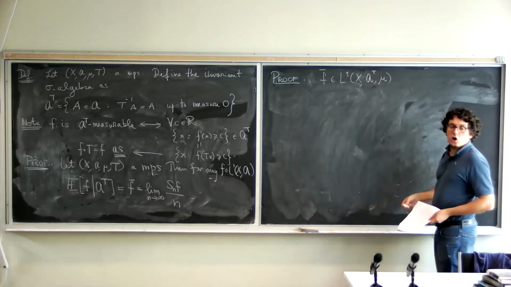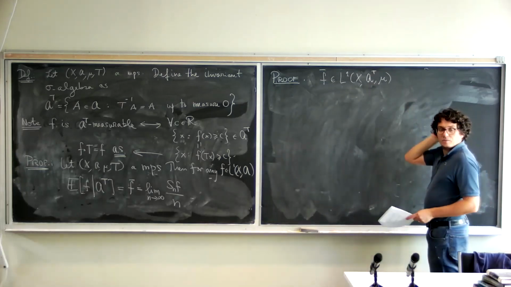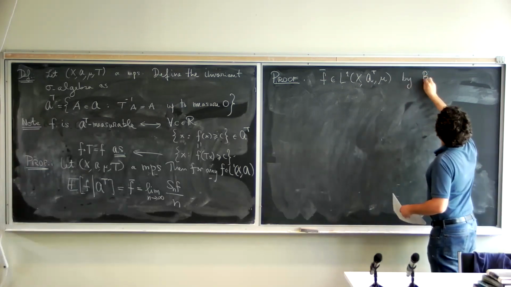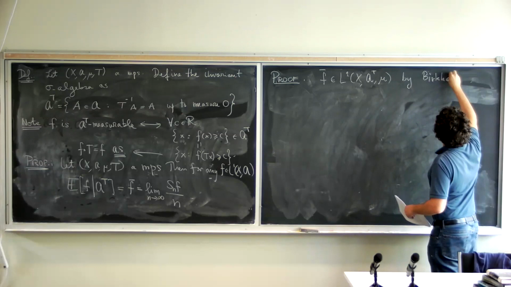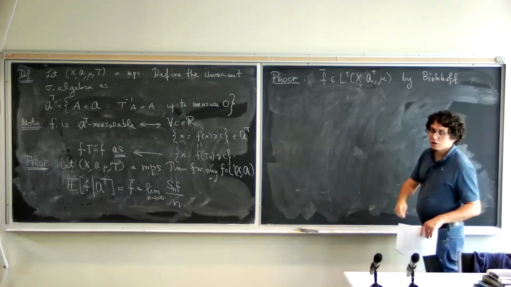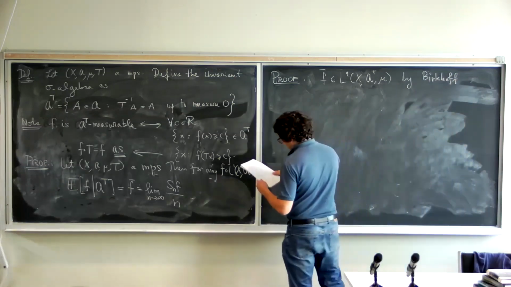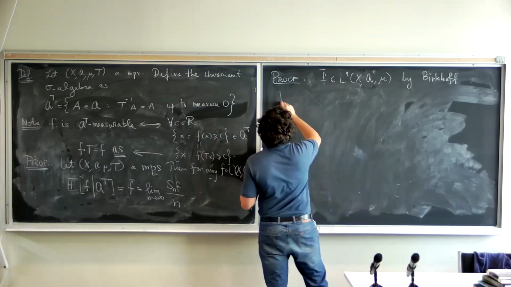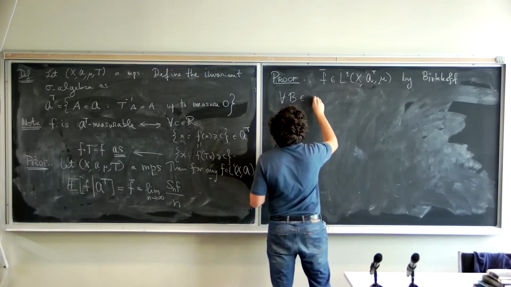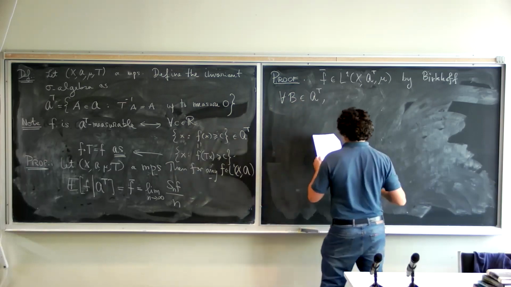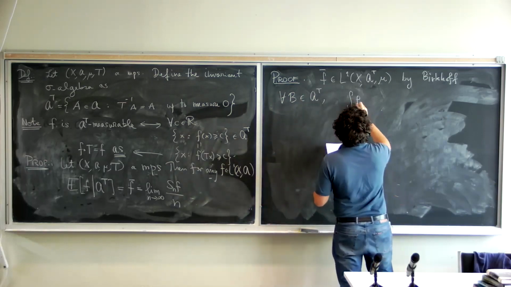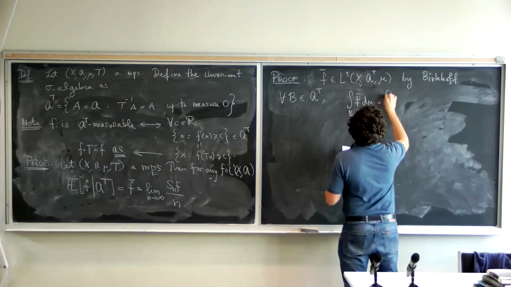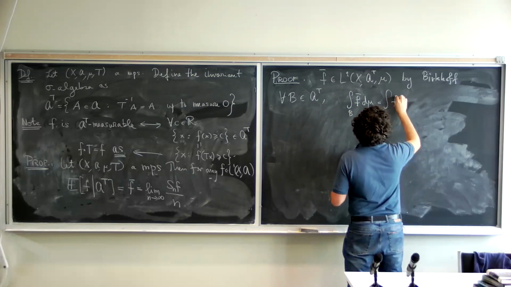Well, this we know by Birkhoff's theorem. We already proved that. And now the other thing that we have to show is that for every B in A_T, so for every invariant B, the integral over B of f bar d mu equals the integral over B of f d mu.